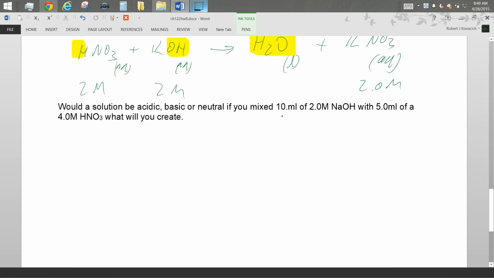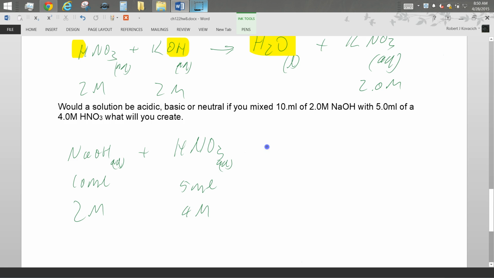Would a solution be acidic, basic, or neutral if you mix that and that? Okay, so I've got sodium hydroxide, 10 milliliters and 2 molar. And I'm going to mix that with some more nitric acid, 5 milliliters, but this stuff is 4 molar.